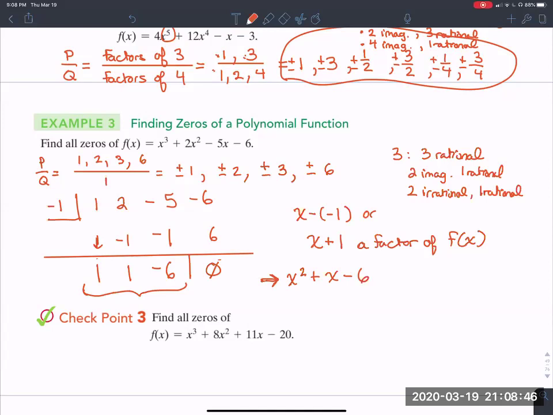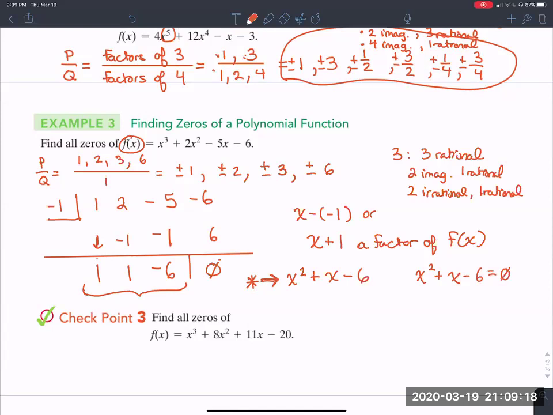Whatever are the factors of x squared plus x minus 6 are also the factors of my original polynomial. So whatever I find to be the factors of this quotient are also factors of f of x. So how can I find the factors of x squared plus x minus 6?